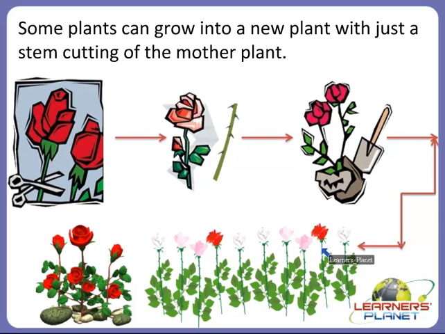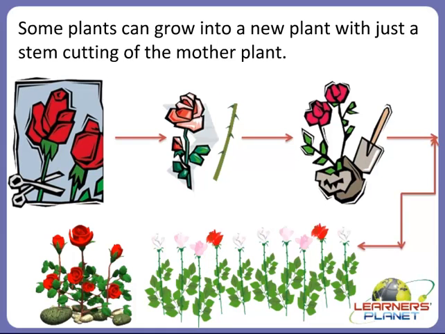So this is a new rose plant, and we can see many new rose plants if we plant many such stems of the mother rose plant, right? So this way the stem cutting of some plants takes place, alright? So these are some of the plants which grow into a new plant with just a stem cutting of the mother plant. Alright, so is it clear to you, children?